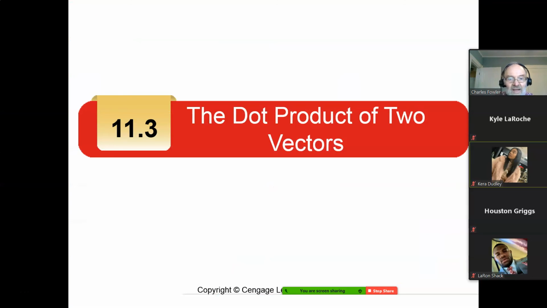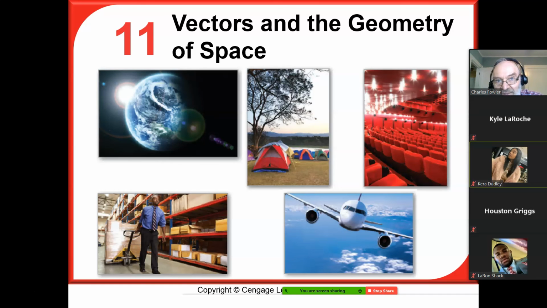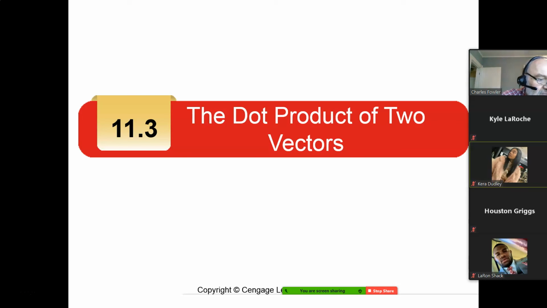Yes, it is. Okay, 11.3, still Chapter 11, Vectors and Geometry of Space. 11.3 is the dot product of two vectors. Now again, for those who have had physics, this is probably old hat to you. For those who haven't had physics, you may have run into this before. Like, I can't remember, did we do this in trigonometry?